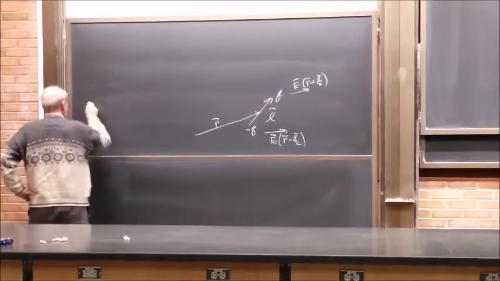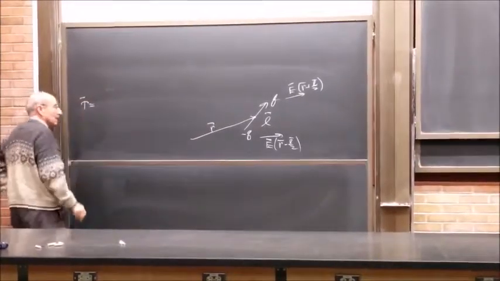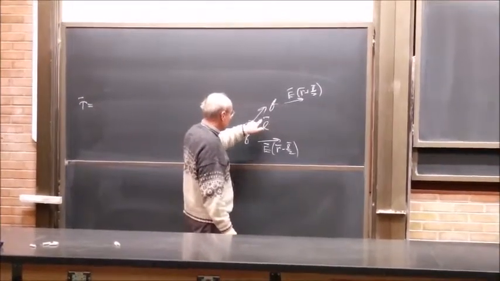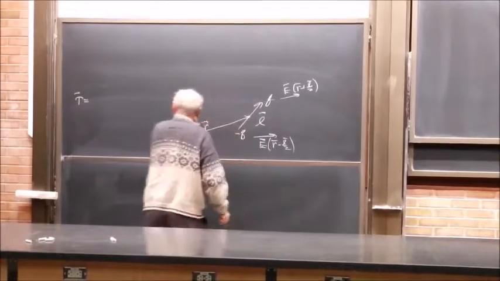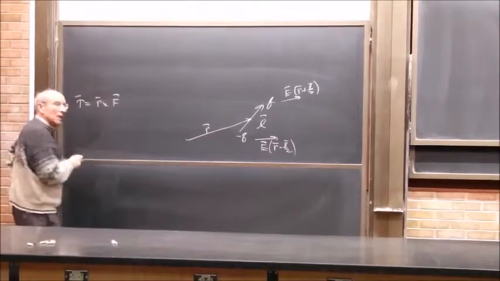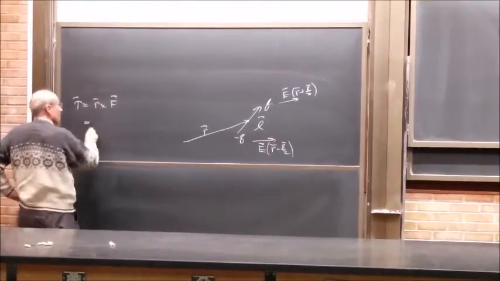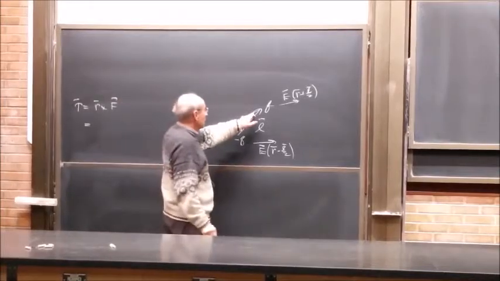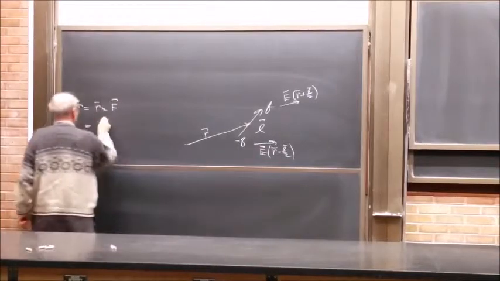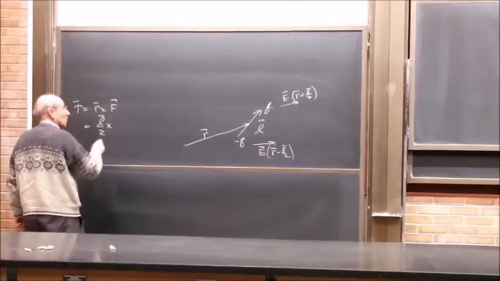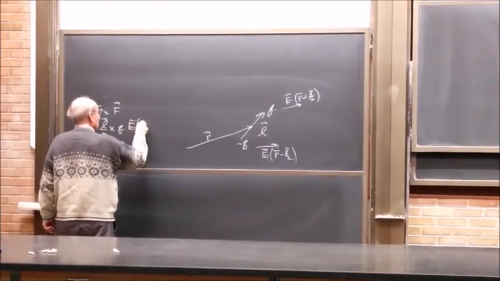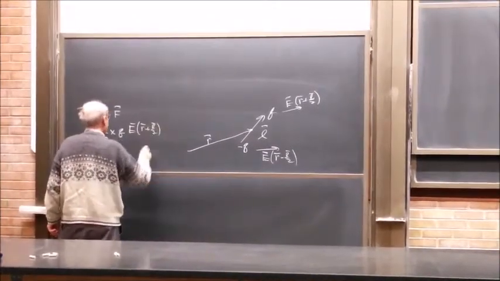Now, we could then find the torque. The torque will be due to the force on this one crossed this distance crossed into that force. Remember that torque was R cross F from last semester. And so at this location, the R is L over 2, crossed into the force, which was QE, evaluated at R plus L over 2.